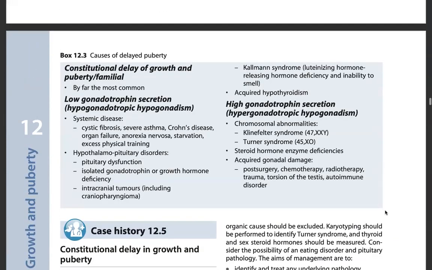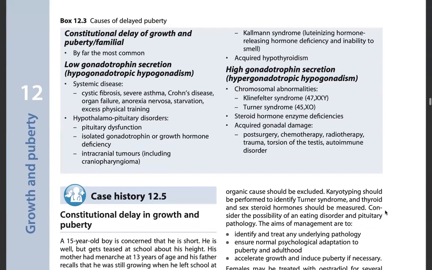Now, these are the causes of delayed puberty: constitutional delay of growth and puberty, familial, by far the most common.